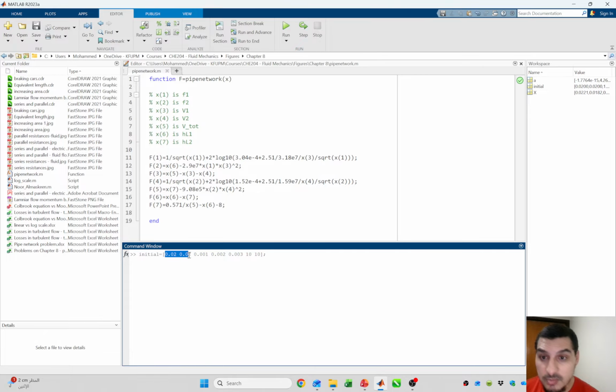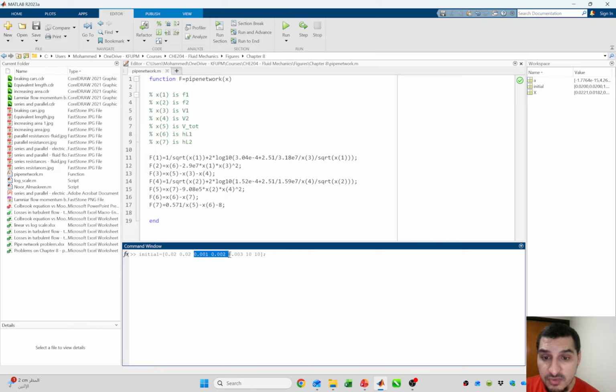For the friction factors, it's very important to have reasonable initial values. I know the friction factor has a range of 10 power minus 4 to 10 power minus 1, so I put it to be 10 power minus 2 to reach the final answer quickly.